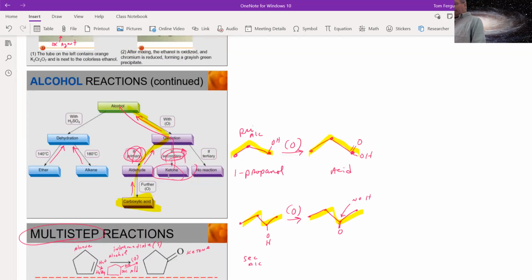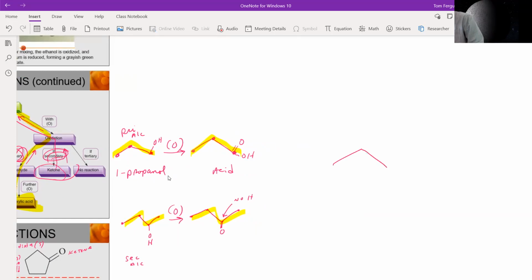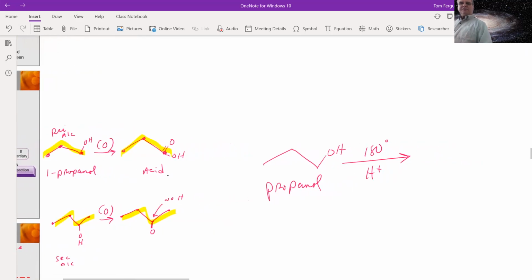What happens if we take propanol and subject it to 180 degrees, acidic conditions?